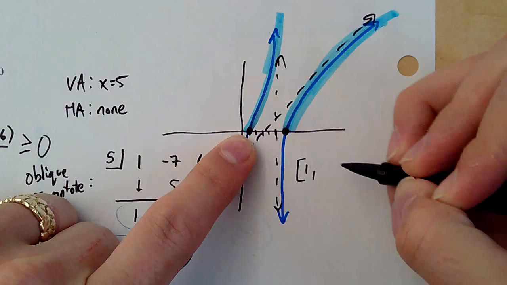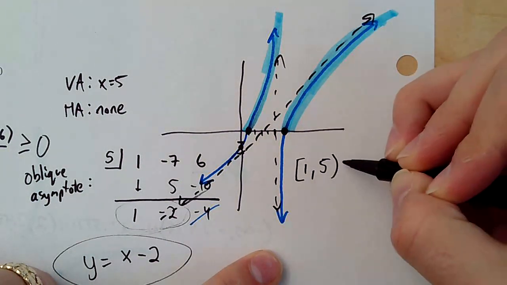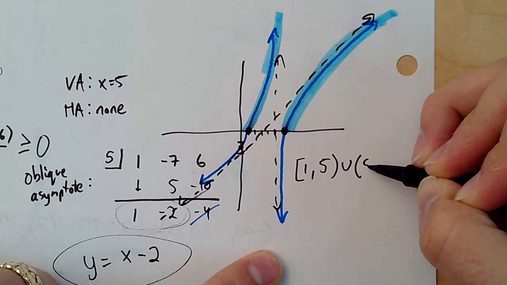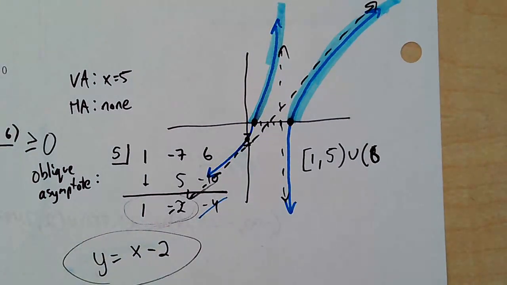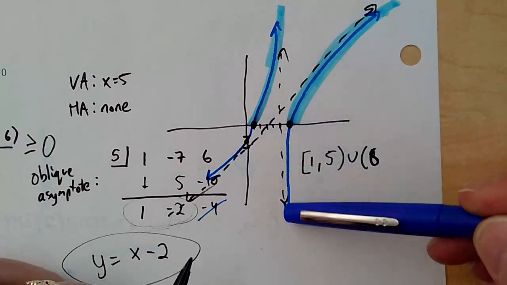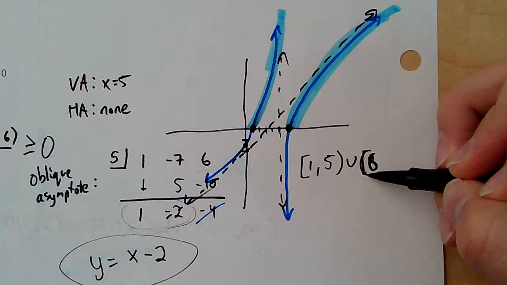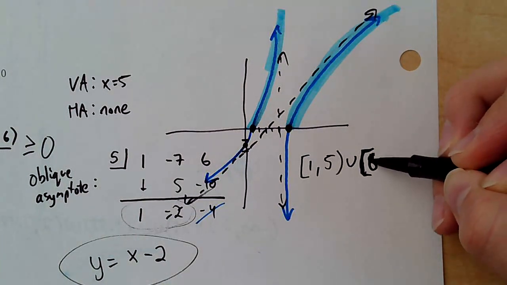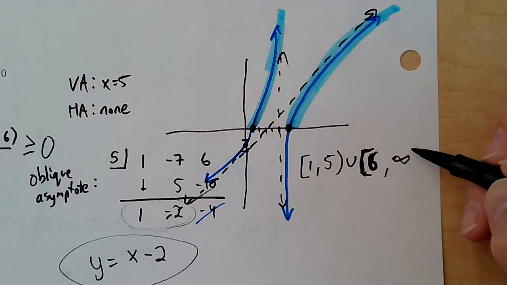So from 1 up until our asymptote at 5. And then from 6, notice there's this little section down here from 5 to 6 that is not above 0. So 6, and I'm going to need brackets for that. Sorry, y'all, it's a mess. From 6 to infinity.